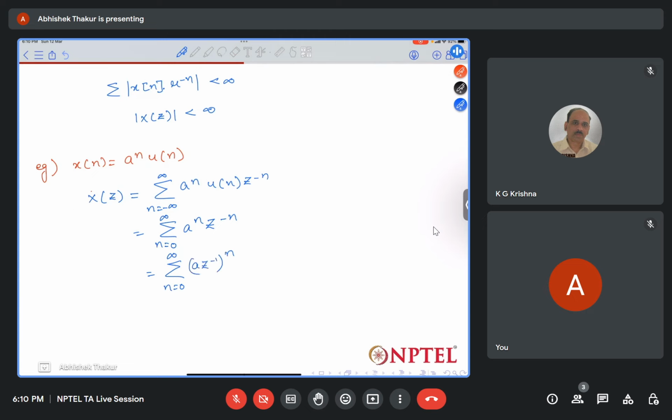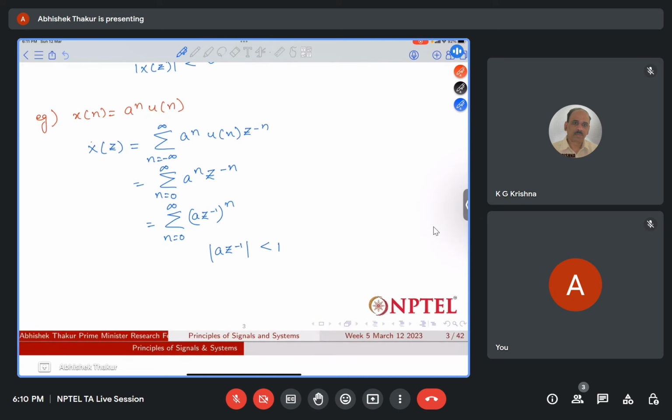Now such an infinite series summation converges, that is, the value comes out finite, only when the magnitude of a z inverse is less than 1. In this case, it will be the magnitude of a is less than the magnitude of z.